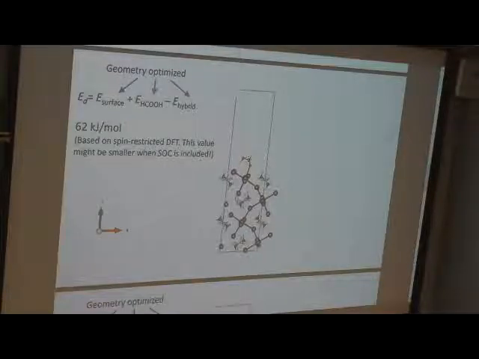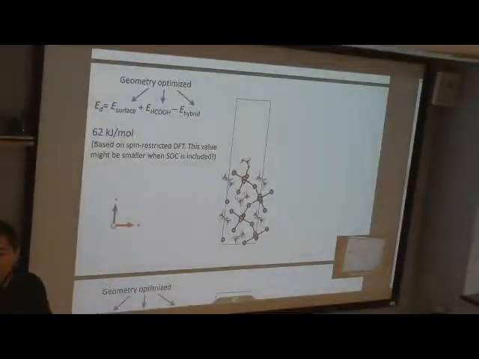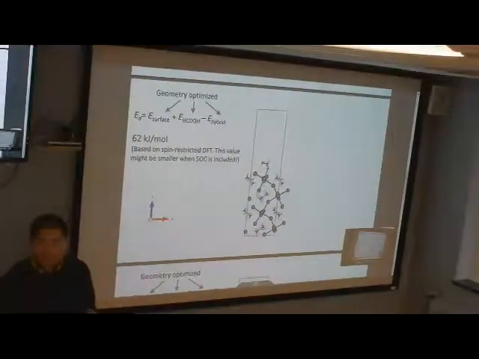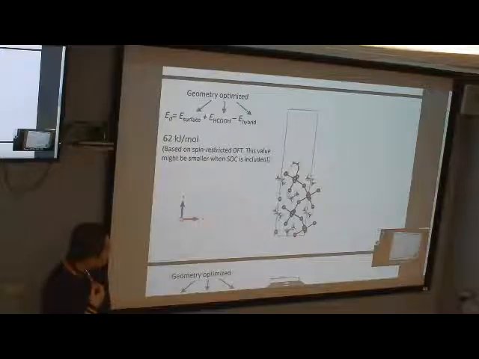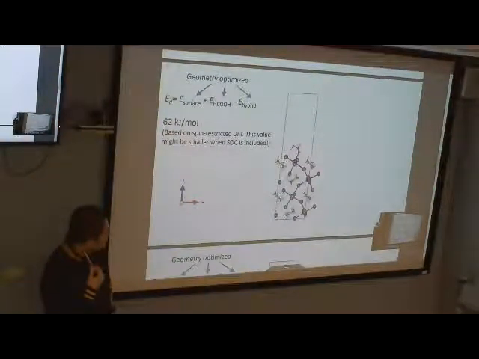Did you try different adsorption sites? Not really, but I guess this one is reasonable because what other adsorption site can you think of? But you have 20 different adsorption sites, right?